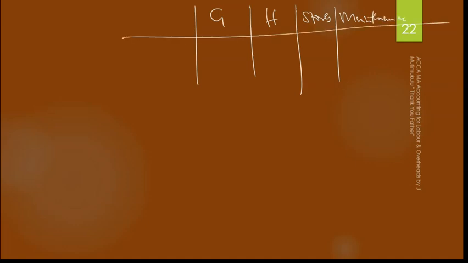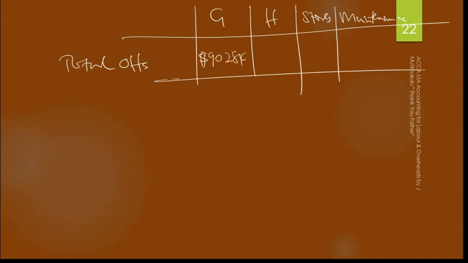The total overheads should now be 90,284 and 44,716, and here we've got a 0, then we are done.